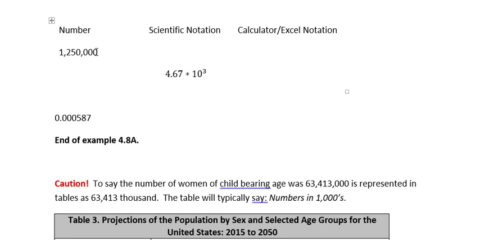So I'm going to put this in scientific notation, and then I'll put here how it comes out in your calculator or an Excel notation. So that's the end of this video, and we'll come back and we'll review this, and then we'll move on.